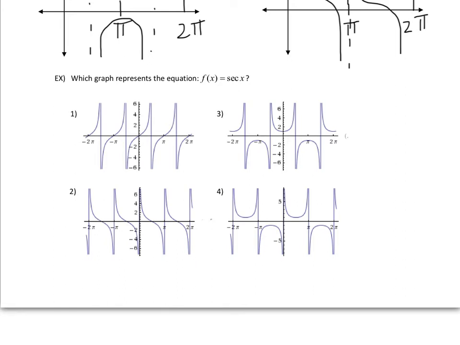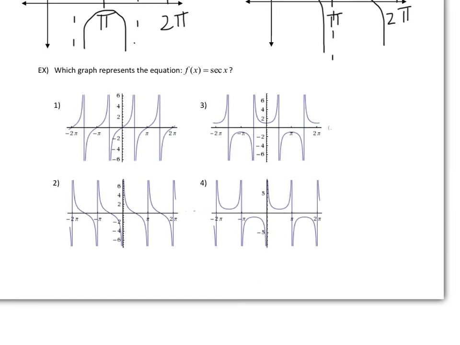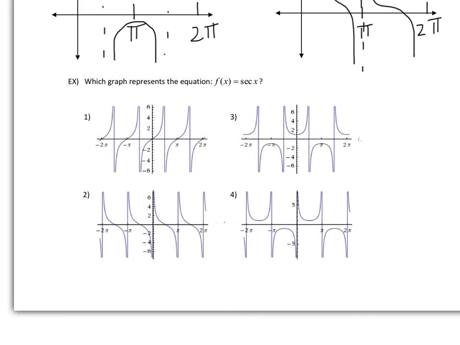If I was doing this question on a test, all I would do is go to my graph, type in secant of x, hit graph. You'll see tomorrow that there is a trig window button you can use, and then you're literally just matching to that. So if you were to type that in and match, it would come up looking like, my apologies, choice 3.